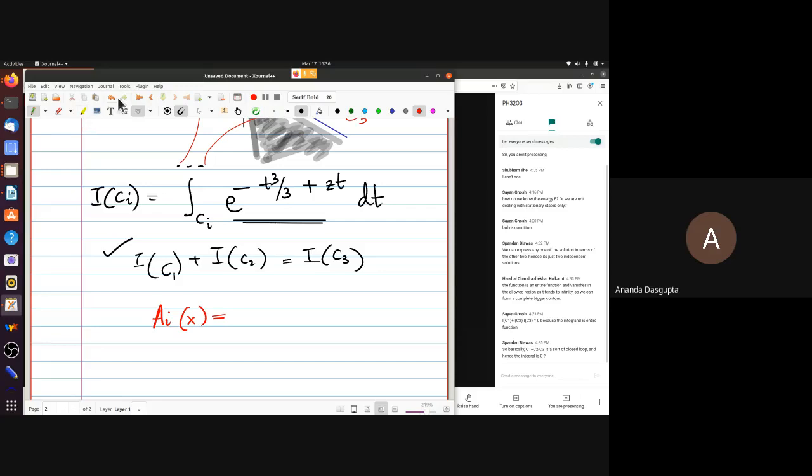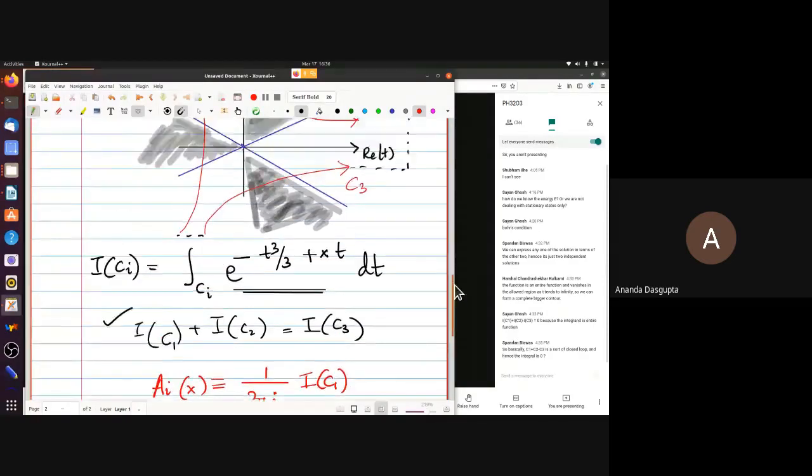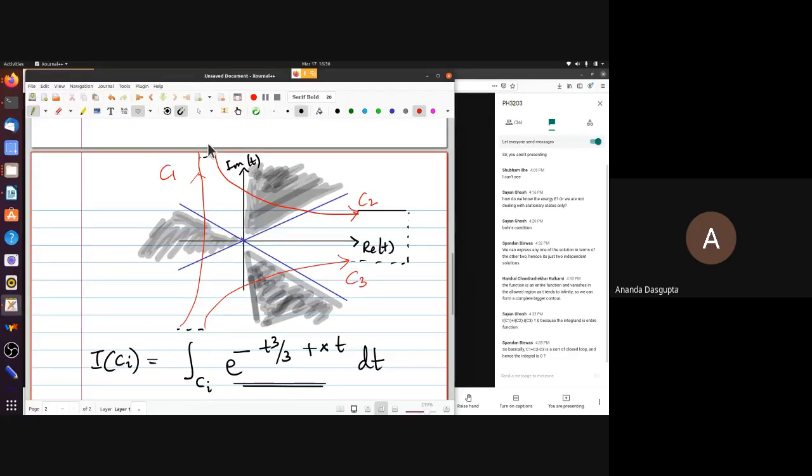Ai, let's call it Ai. Let's put an x here. This x can also be complex, but for the timing, that's not important. So Ai(x) is by definition... so when you integrate along this particular contour, what's the special thing about this contour? It has to begin somewhere in this sector.